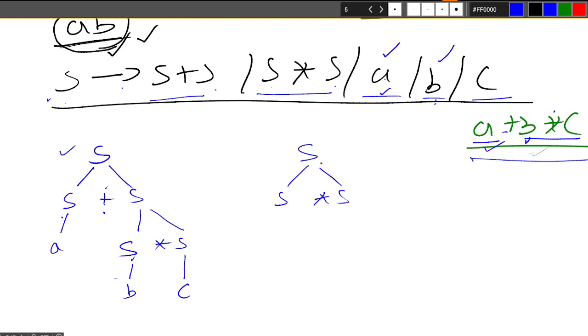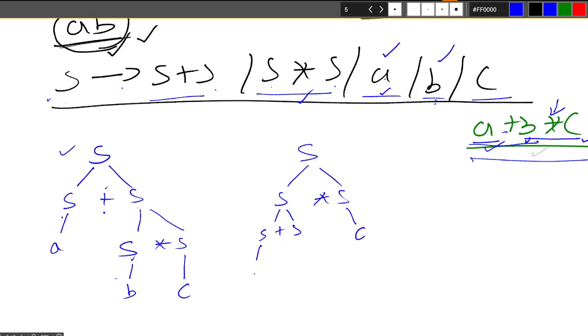The similar thing we can do with this derivation tree. First of all, we have chosen this production, S gives S star S, so we have used it, and now since a star is here, on the left hand side we want a plus b, so this will be replaced by S plus S, and this will be replaced by, I believe, c.